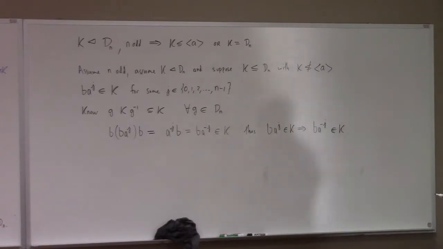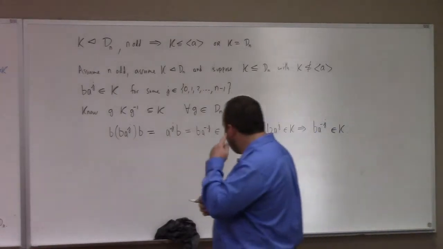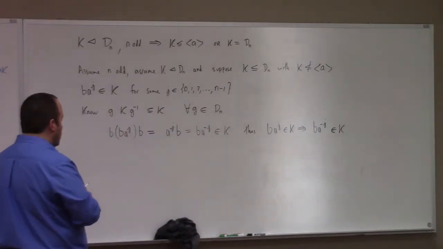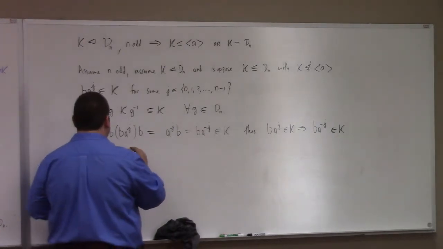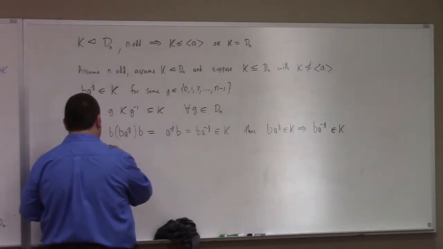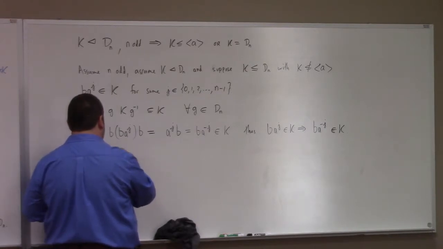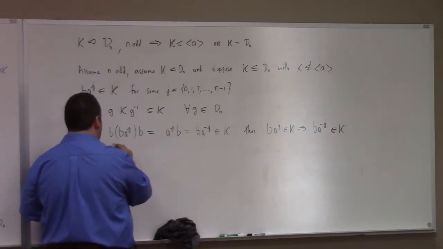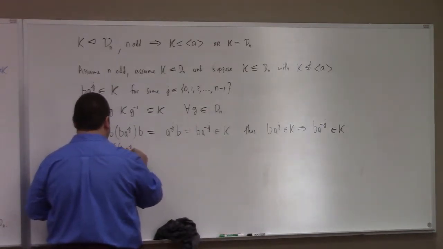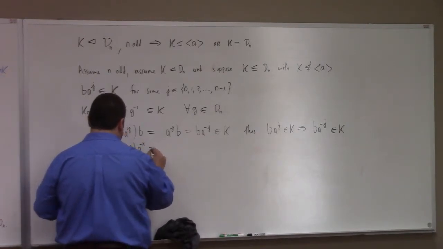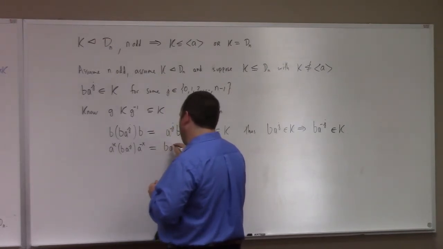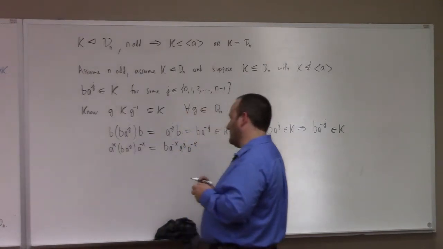What else can we conjugate by? Actually, I say that, but now that I think about it, I'm not sure that it's actually that helpful. If I conjugate by A to the x, does that even help? Because if you look at this, it's B, A to the minus x, A to the j, A to the minus x.